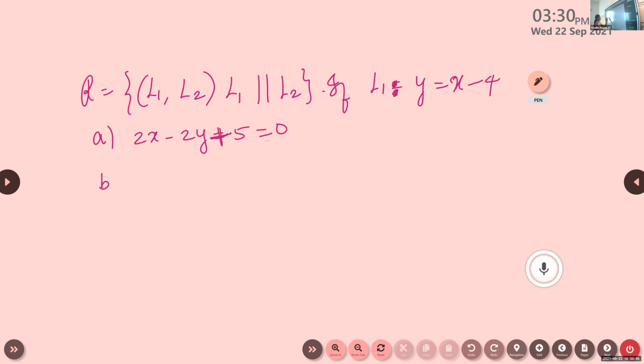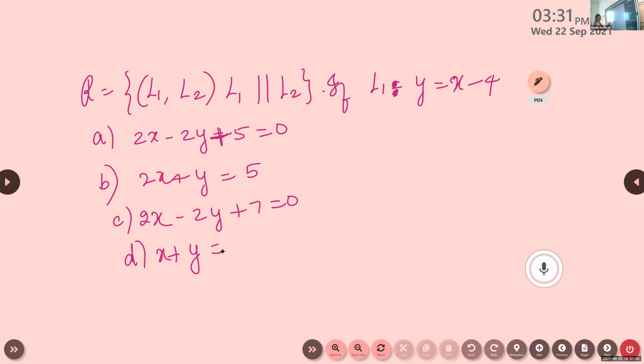We are given the 4 options. R is the set of all ordered pairs L1, L2, where L1 is parallel to L2, and L1 is given by y is equal to x minus 4. Then which of the following can be taken as L2?